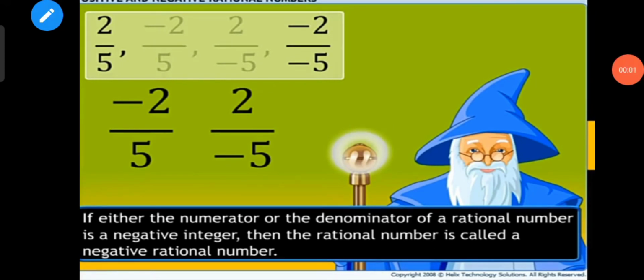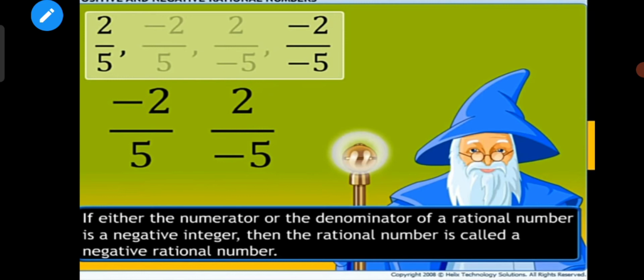If either the numerator or the denominator of a rational number is a negative integer, then the rational number is called a negative rational number. For example, you can see here minus 2 upon 5. Minus 2 is negative and 5 is a positive integer. So when we have a combination of a negative and a positive integer, the rational number is called a negative rational number.